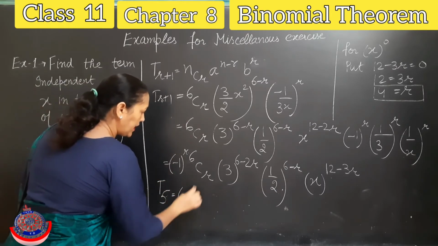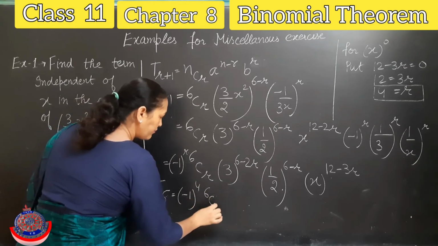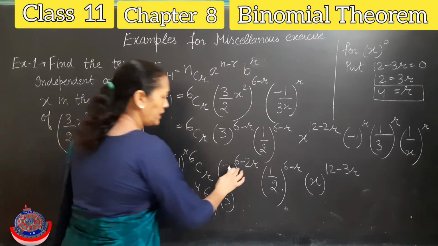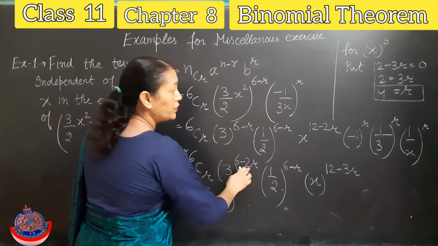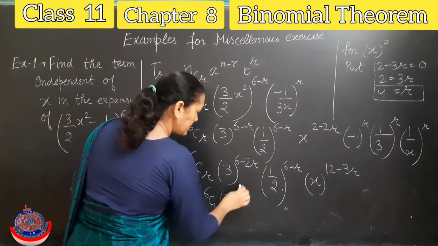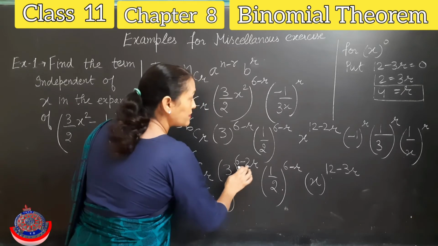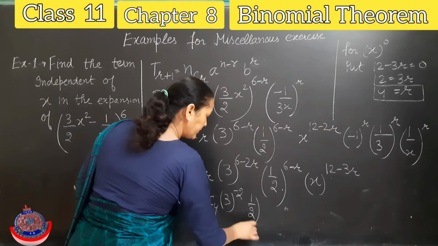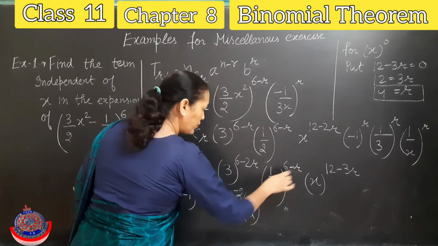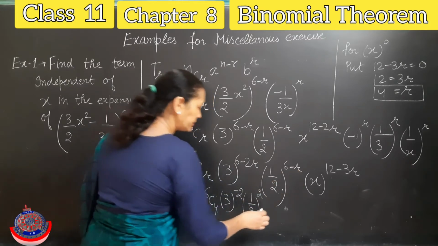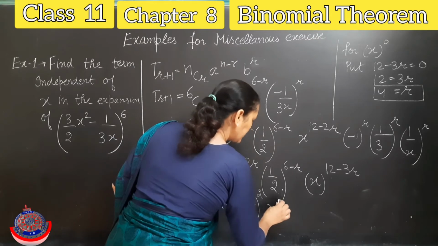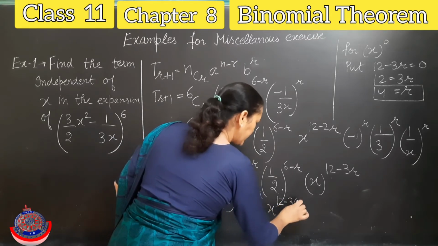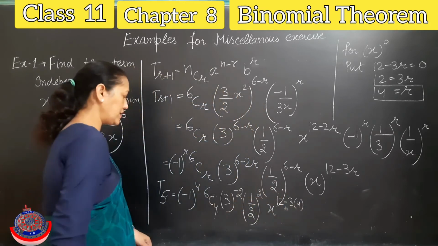Minus 1 power 4, 6C4, 3 power 6 minus 2 into 4, that is 2 fours are 8, 6 minus 8 would be minus 2, 1 over 2 power 6 minus 4, 2, and x power 12 minus 3 into 4. So 12 minus 12, 0.